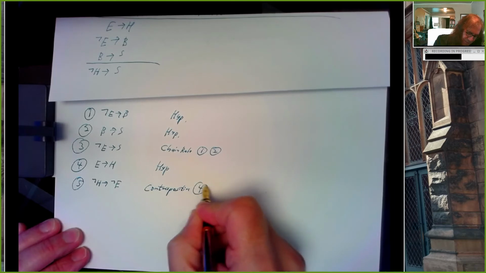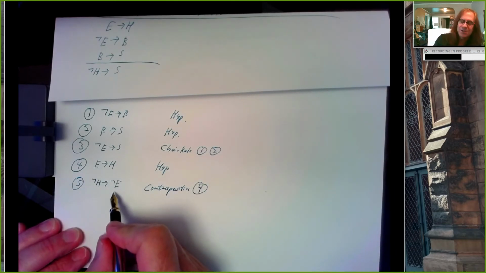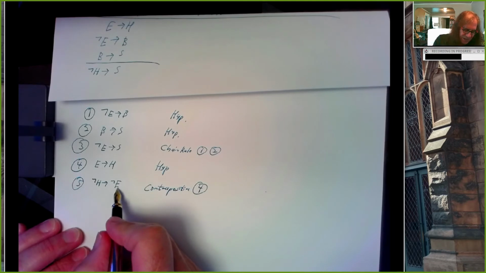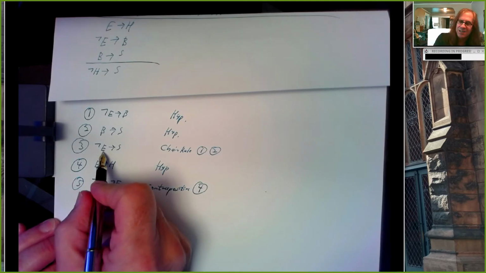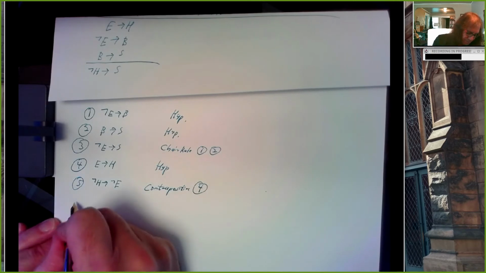And so in this case, I'm taking the contrapositive of 4, and if this is true, its contrapositive is also true. But in my mind's eye, I saw that if I did this, I'd have a not E on the right here, and I have a not E on the left up here. And I'm thinking I can chain those.